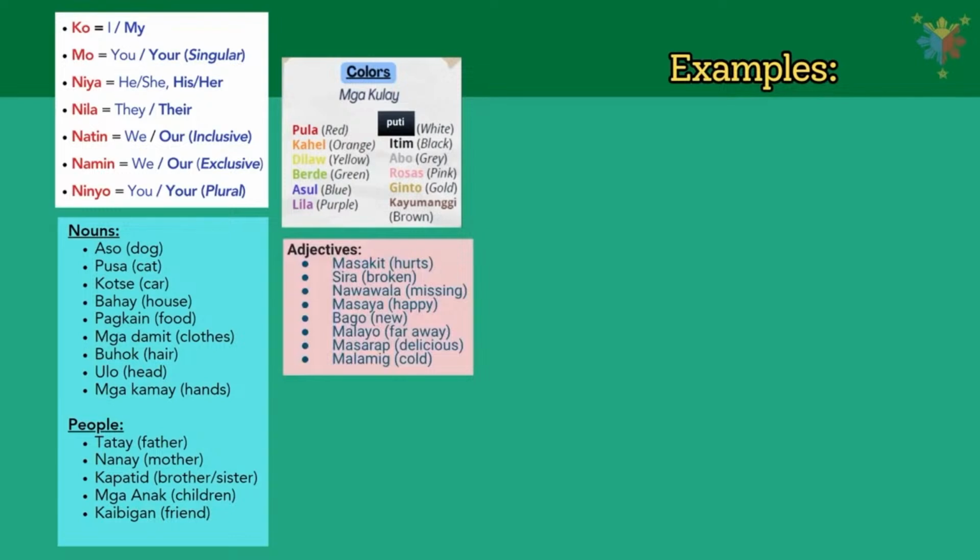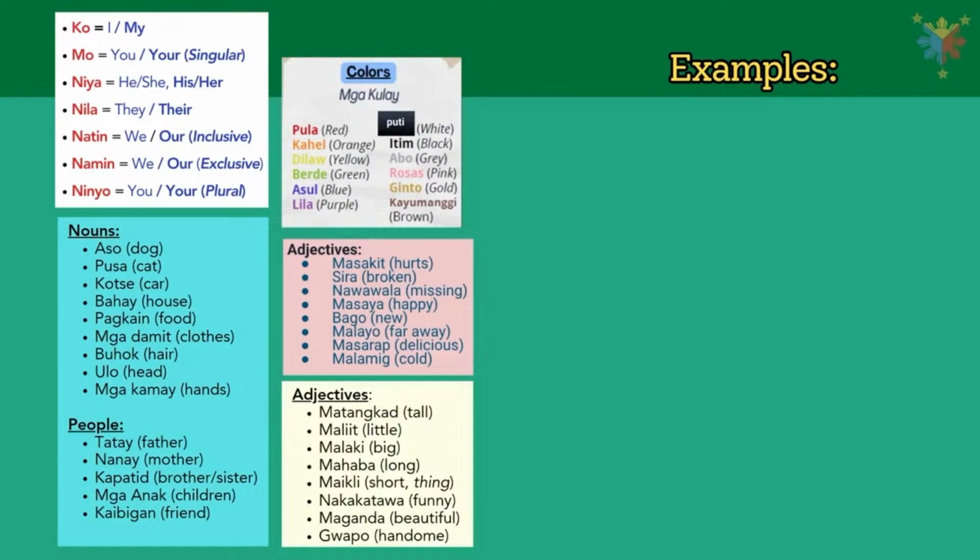And some more adjectives, masakit, hurts, sira, broken, nawawala, missing, masaya, happy, bago, new, malayo, far away, masarap, delicious, malamig, cold. And lastly, let's finish off with some more adjectives.